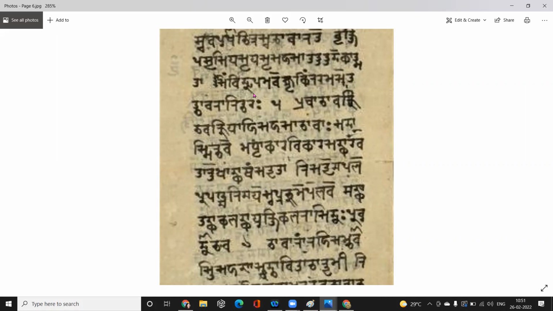Somewhere I had seen O. Normally how we teach it is a slight angle over the shirorekha, but somewhere it would not have any angle, it would be just drawn flat. If you see at the bottom of this page, maybe a couple of lines down, the O is very different. It doesn't have a slant, it's almost parallel to the shirorekha. So every scribe is different to make our lives difficult.